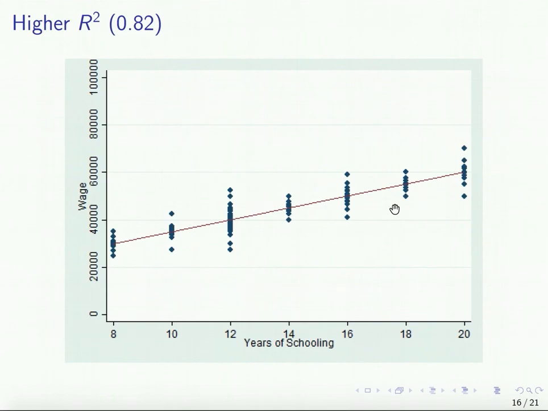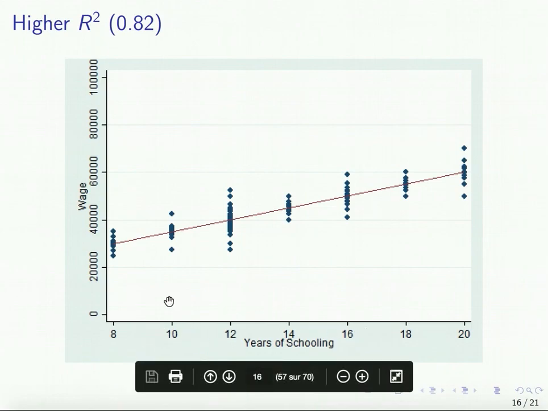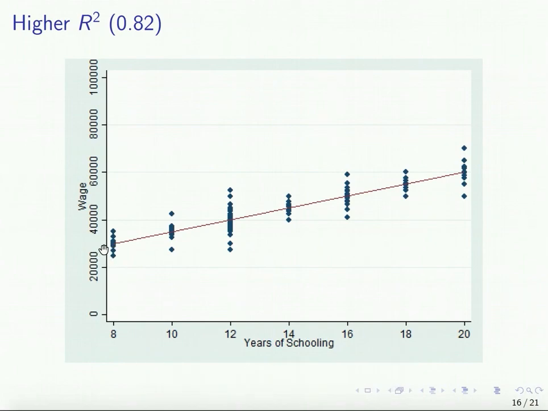So let's see again in the simple regression case what this means. Again, we have our independent variable here, our dependent variable here. I estimated a beta hat 0 and a beta hat 1, so that beta hat 0 is giving me the intercept, beta hat 1 is giving me the slope. So think of this line as your y hat, okay?